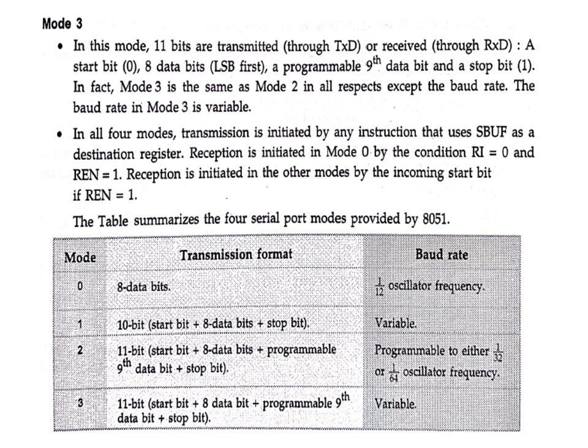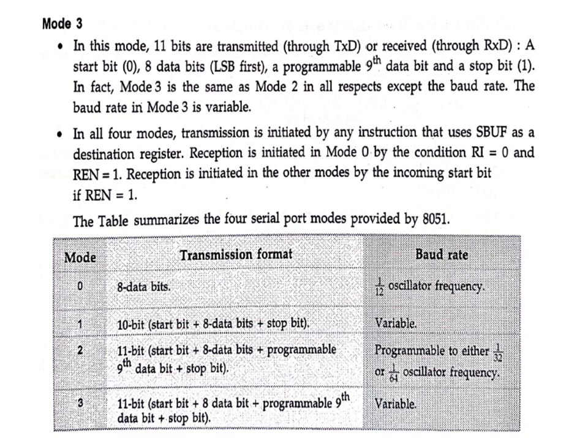Now the last mode is mode 3. Mode 3 is selected by setting SM0 and SM1 bits of SCON, that is serial control register, with values 1 and 1. And the transmission format, if you see, is 11 bits, transmitted or received in this particular mode.